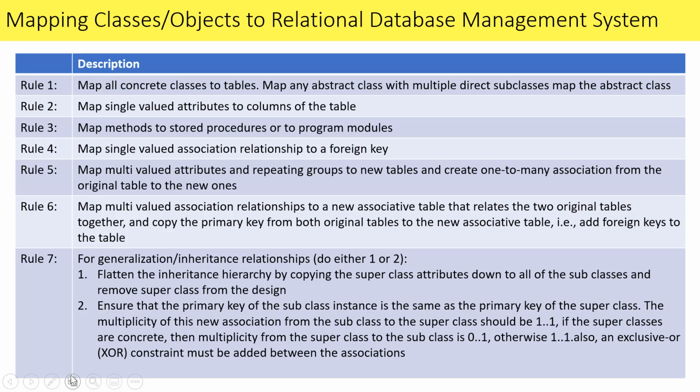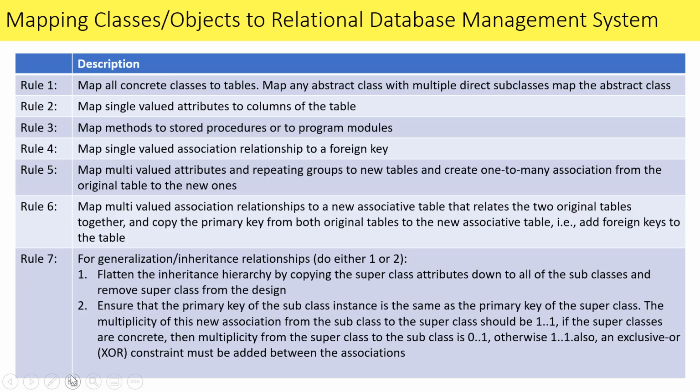So in this course, we try to map an object-oriented program or object-oriented system into a relational database management system like SQL Server, for example. So what do we do? What are the steps? It's actually a simple process, really. It's not that difficult. First thing we do, we map all our concrete classes.